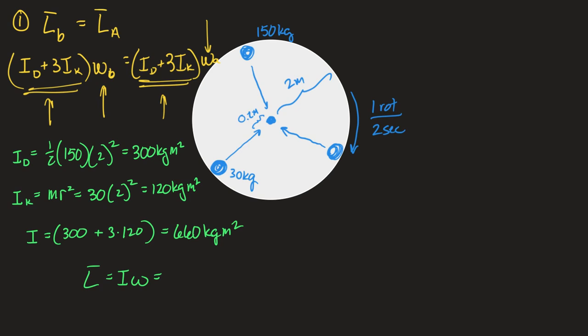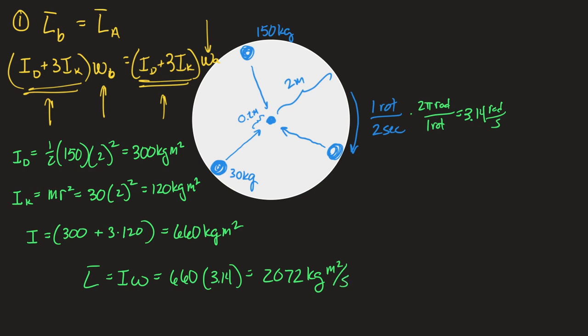It's in rotations per second, so I multiply by 2 pi radians for every rotation, and I get 3.14 radians per second. That means 660 times 3.14 gives 2,072 kilograms meters squared per second. This is the angular momentum of the system.